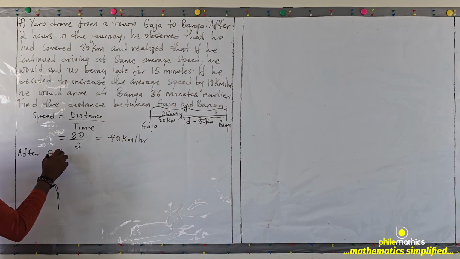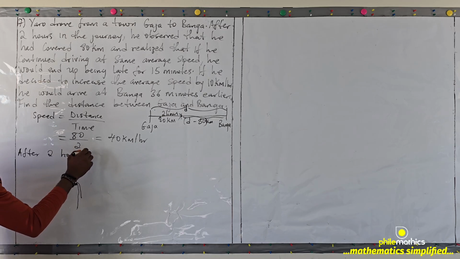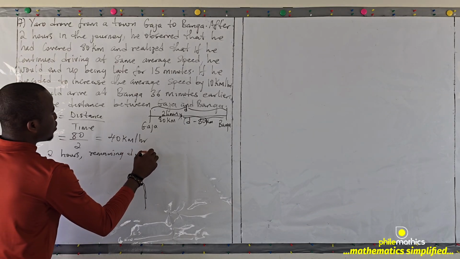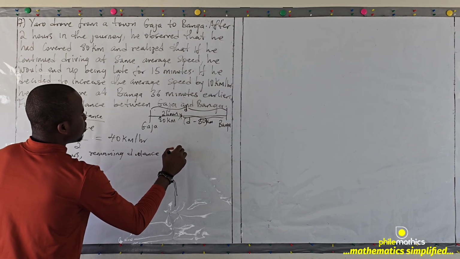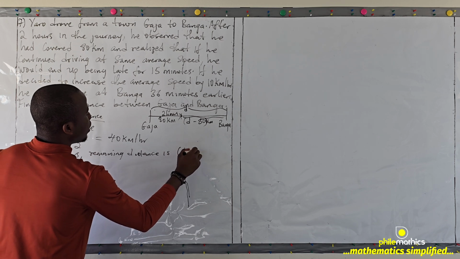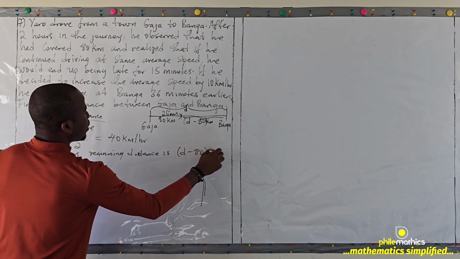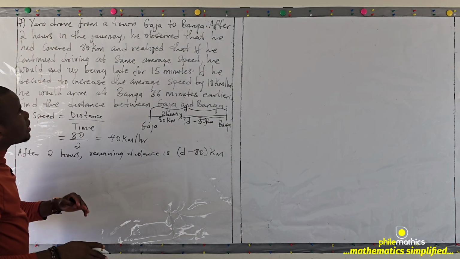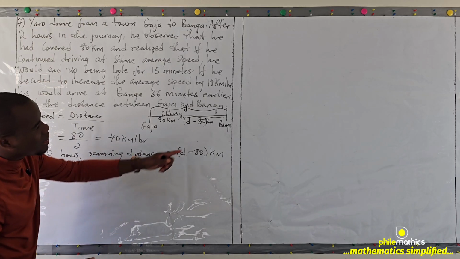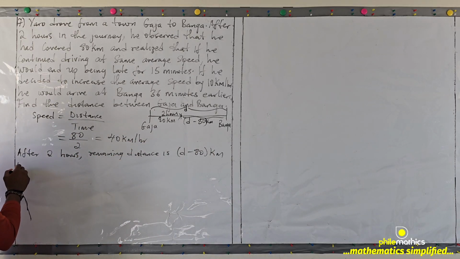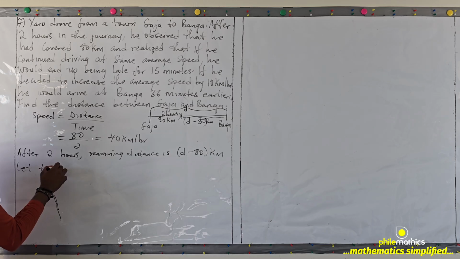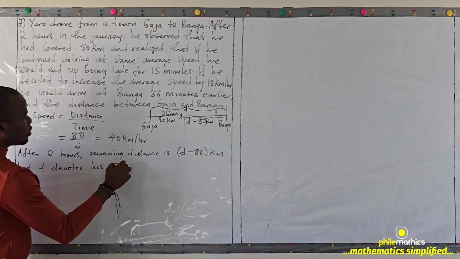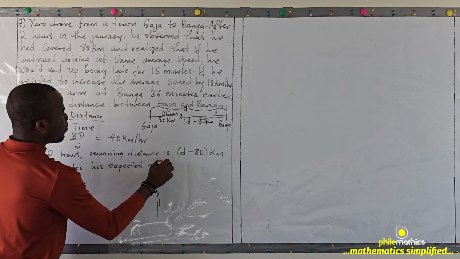So let's just write it. After 2 hours, the remaining distance is D minus 80 kilometers. Now, there is an expected time that Yaro should arrive at Banga. Let T denote his expected arrival time.